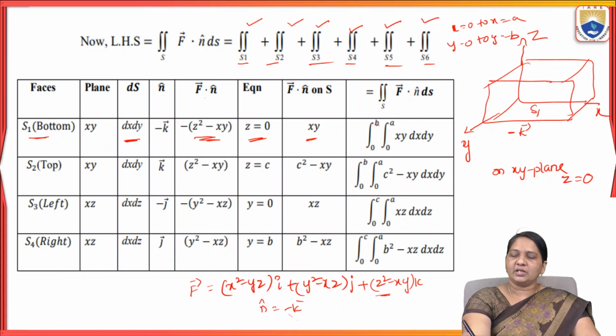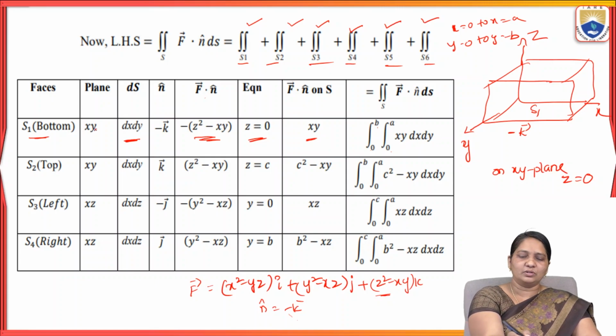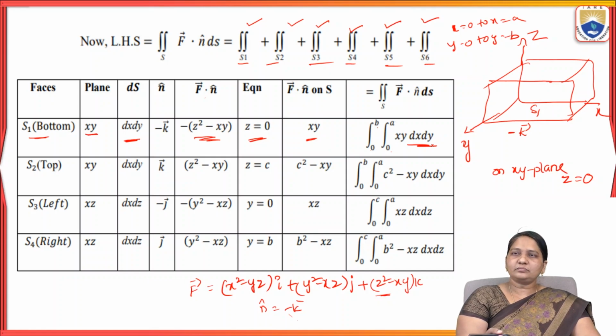Based on this we are writing integral 0 to b, integral 0 to a, xy dx dy. In place of z square minus xy, what is the z value? It is 0. Replacing it, minus into minus gives plus, so we get xy. That's why we got xy here.